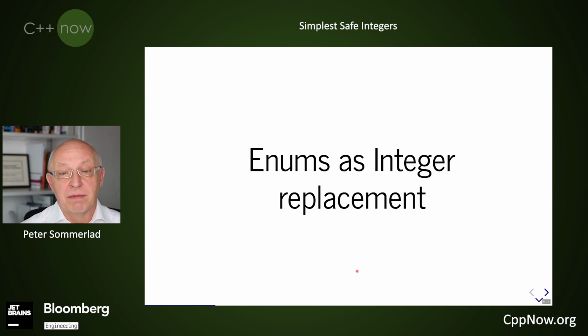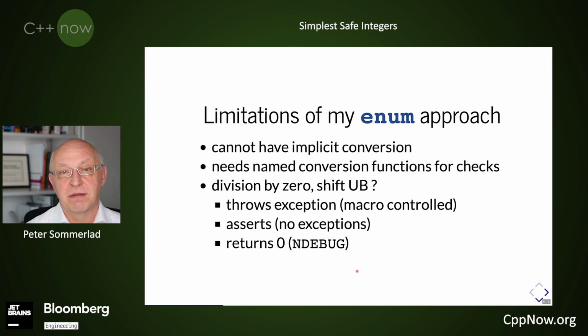Now, my goal is to have enums as an integer replacement, and there are some limitations to that approach. We cannot have implicit conversion, at least when we use enum class types. You shouldn't use regular plain old C enums anymore, because those will happily convert to int or other integer types, so you don't get the protection against silent conversions that I actually wanted to prevent.